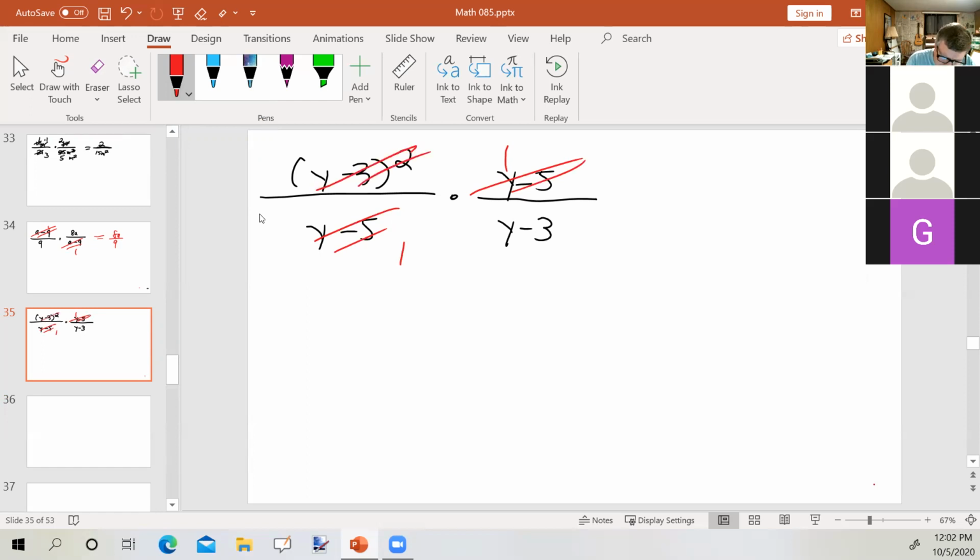I've got 2 factors up on top and 1 on the bottom. So I've got y minus 3 over 1, or just y minus 3. Everything else reduced down to 1. Still doing okay? Yes. All righty.